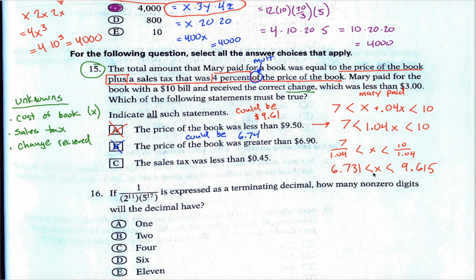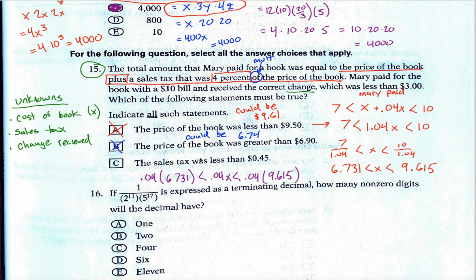If I take this compound inequality here and I multiply all 3 of these values by 0.04, I'd get 0.04 times 6.731 is less than 0.04x is less than 0.04 times 9.615. First, note that that's completely legitimate. I can multiply each of these things by 0.04 because this is a positive number.